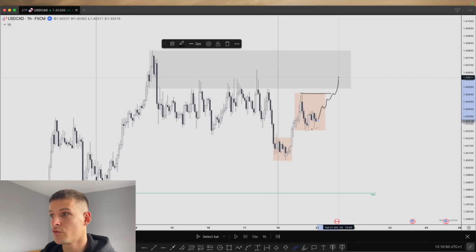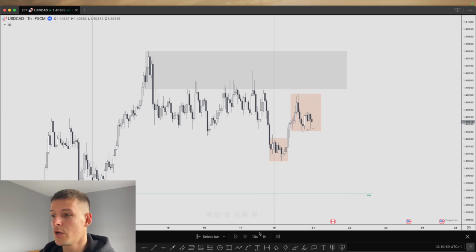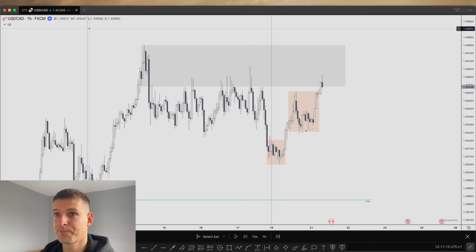I'm looking for this to trade higher back into this supply region, and then I'm looking to take a lower time frame entry confirmation. So coming into the day, we saw price chop around, trade higher, manipulate into this H1 supply, and then that's when we're looking for our execution.